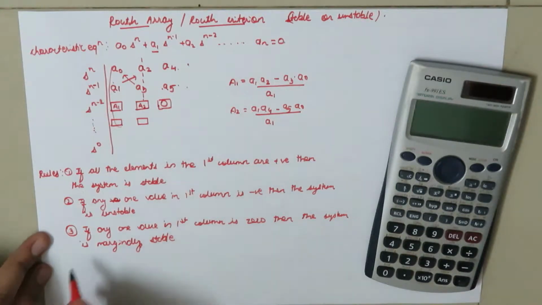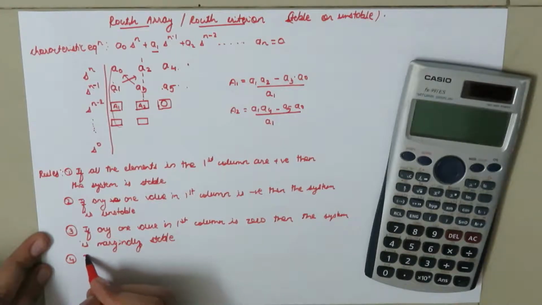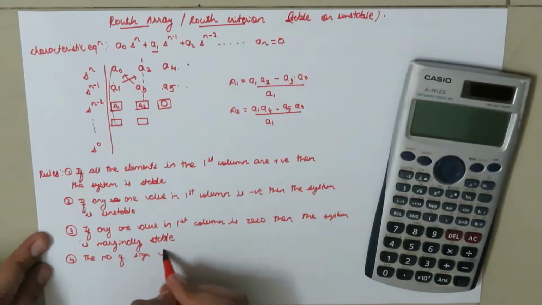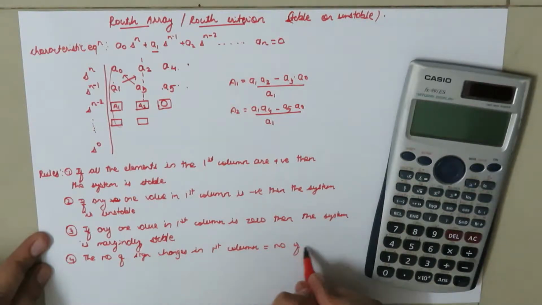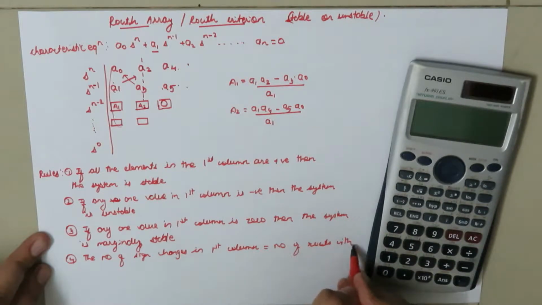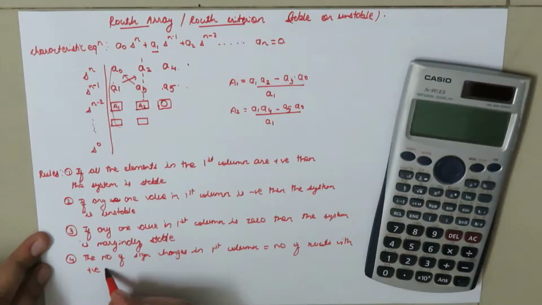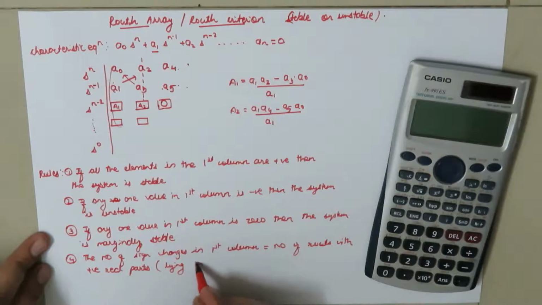And the final and important rule is, the number of sign changes in the first column is equal to the number of roots with positive real parts, that is, the roots lying in the right half plane.